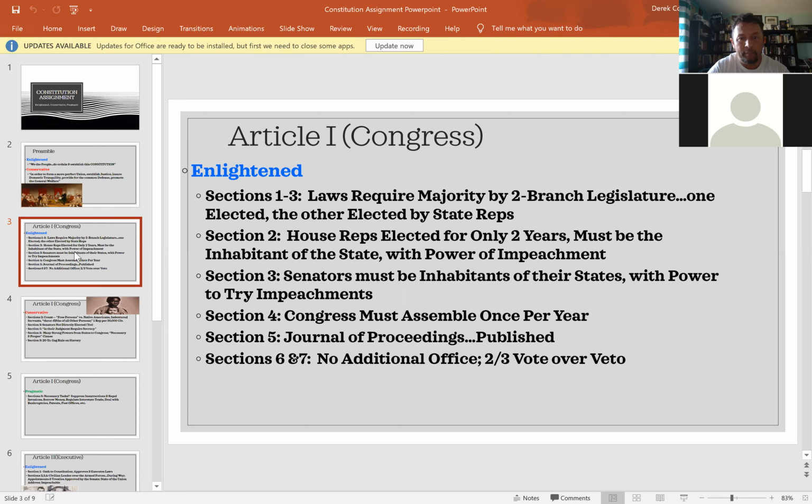And so notice here, the House reps are to be elected every 2 years. That's pretty enlightened because it keeps them accountable. They only have 2 years to do their thing and make their constituents happy, or they could be ousted in their reelection. You must be an inhabitant of the state that you represent. You must have a house actually in the district that you're representing.